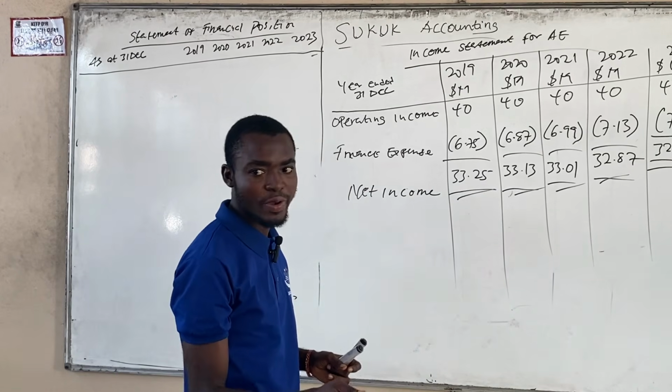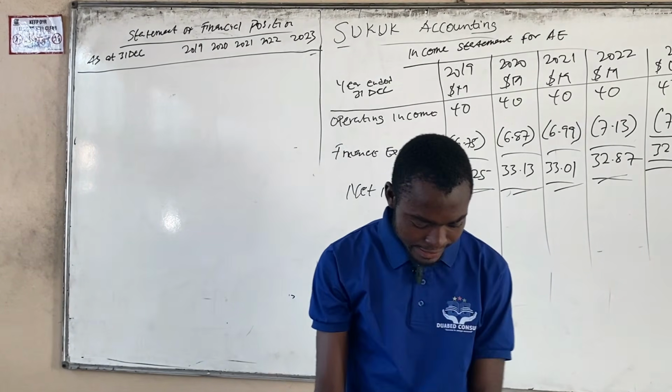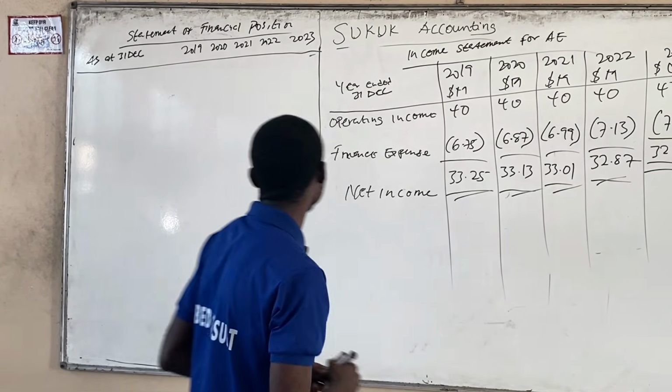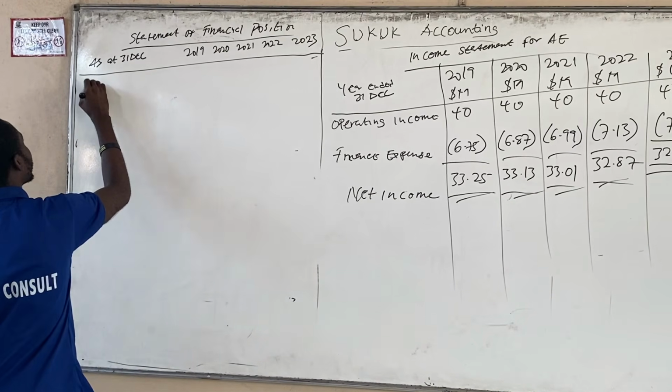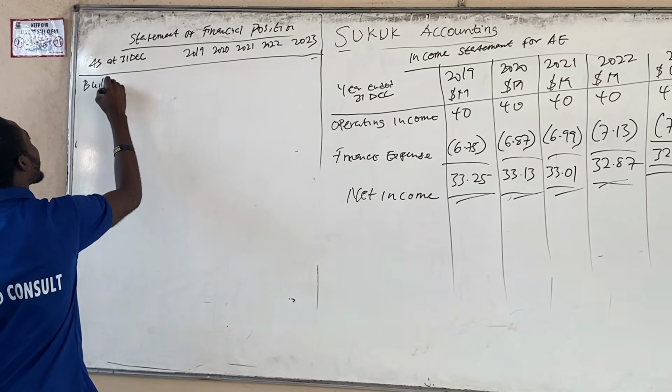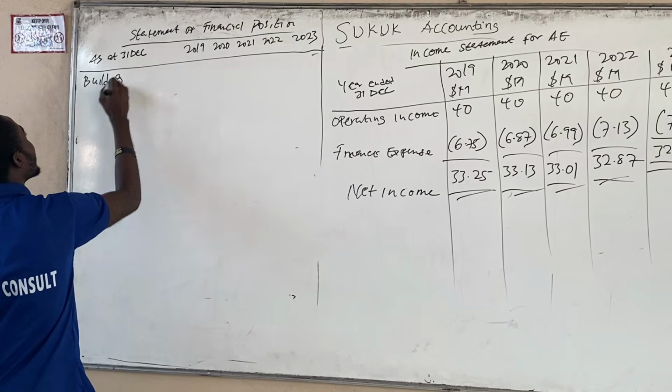So for the assets in the question, they give us a building and then cash. So we create a column for building and cash.